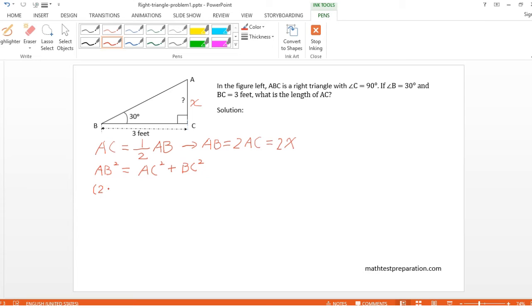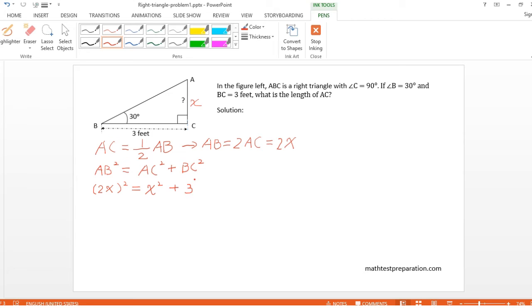So 2x square equals AC, which is x, AC square is x square, plus BC square. In the given condition, BC is 3 feet.